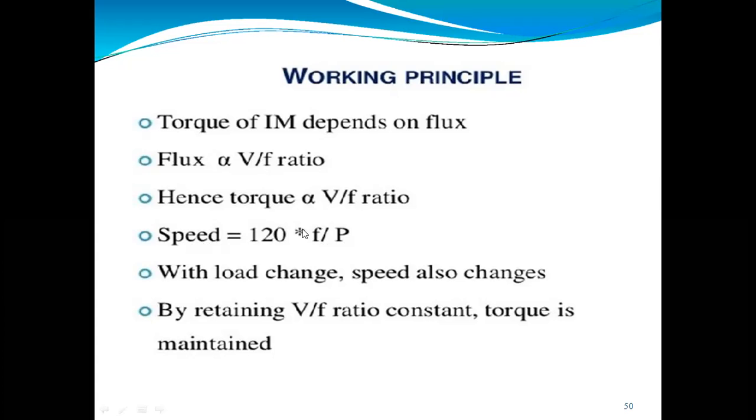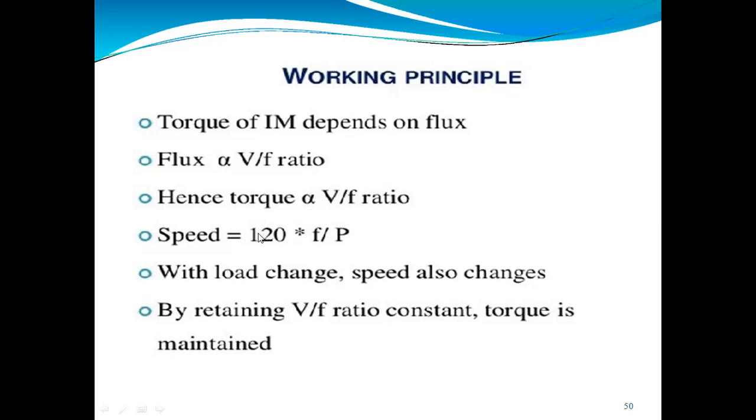So when we are maintaining the value of V by F ratio constant, we can take the flux, or here phi, constant. If we take phi constant, we will get the maximum value of torque while regulating the speed, because we are keeping this V by F ratio constant.